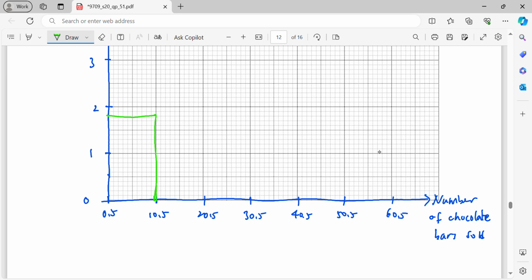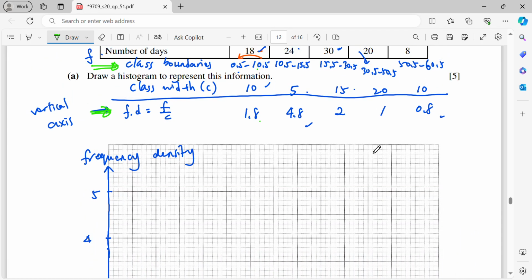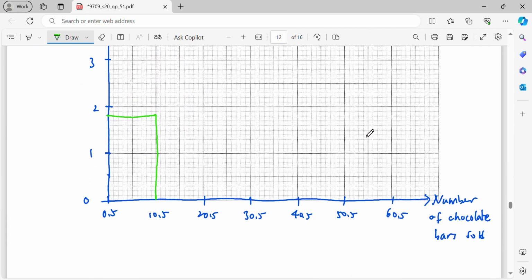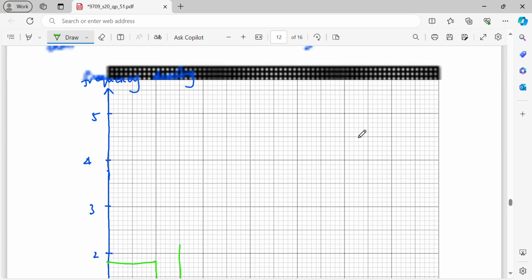Please draw using a ruler so that you get the rectangle. Then next is 10.5 to 15.5, then 4.8. 10.5 to 15.5 is over here, 4.8.